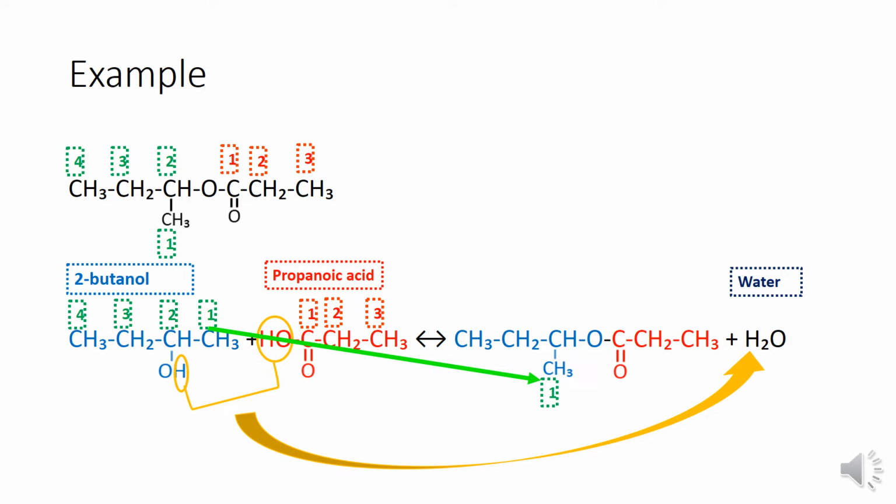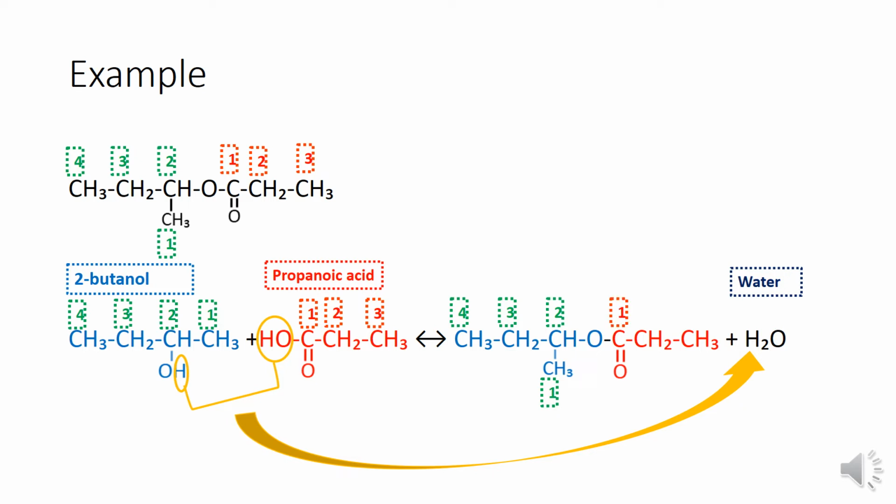So you number it here in the ester nearest to the functional group of the ester. So it is number 1, and then we have here number 2, which is the carbon holding the functional group of the ester, number 3 and number 4. In this case, this part of the ester is the part of the alcohol and its name is 2-butyl.